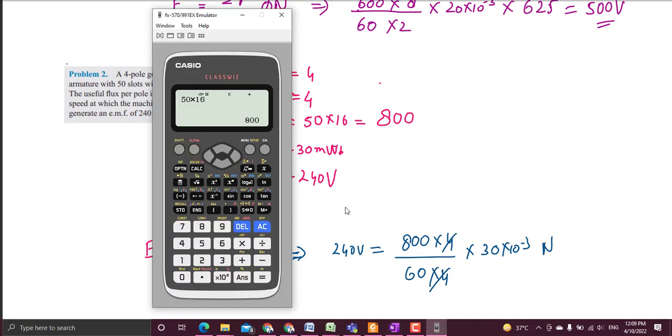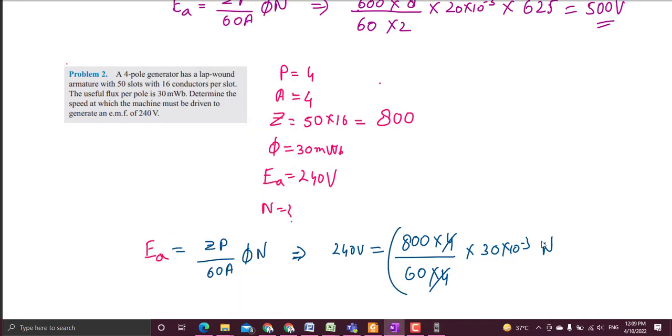Let us do the calculation of this much quantity.